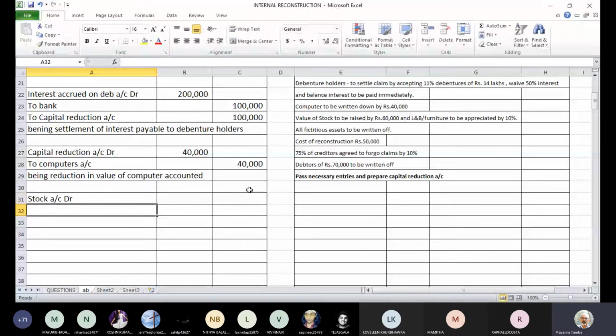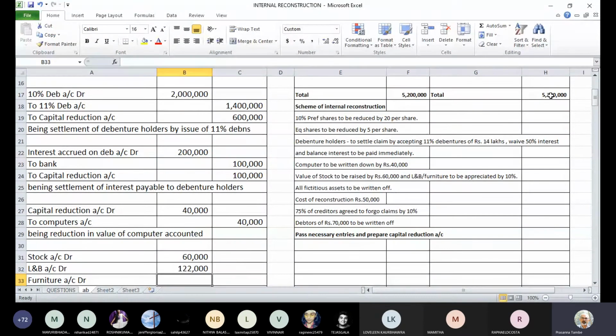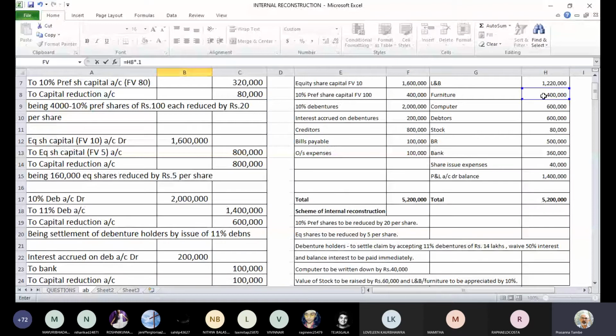Stock account debit and then building account debit, to capital reduction account. Now stock is appreciated by 60,000 and then building by 10%. 1 lakh 22,000 will be the increase in the value of land and building, and furniture also by 10%. So furniture will be an increase of 40,000 rupees.